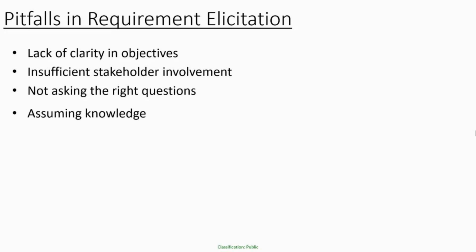The next point is assuming knowledge. When you talk about a particular project development, there are a lot of things involved in it. Like there is a release process, or there is a pilot testing that has to happen. There is a user acceptance testing that has to happen.